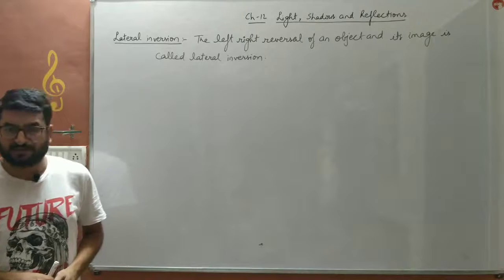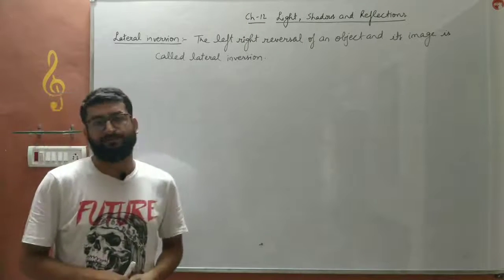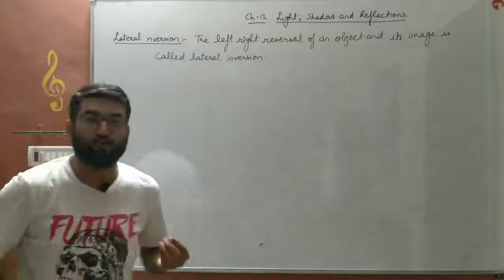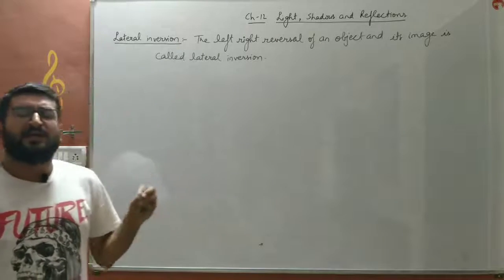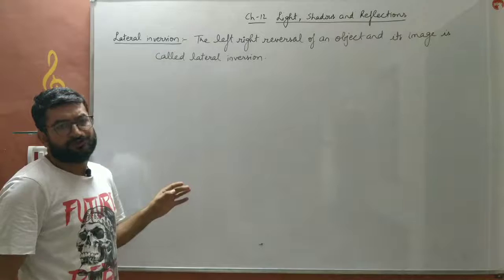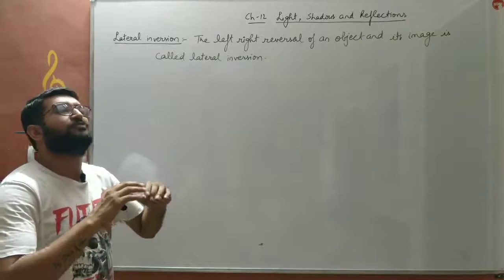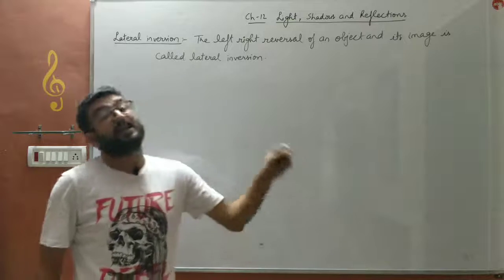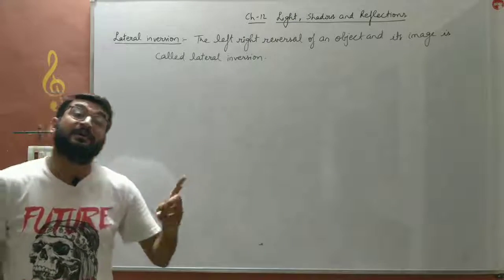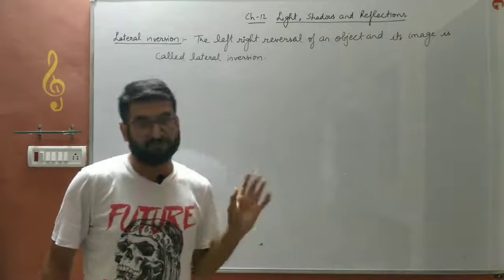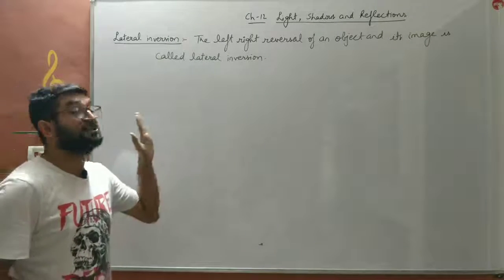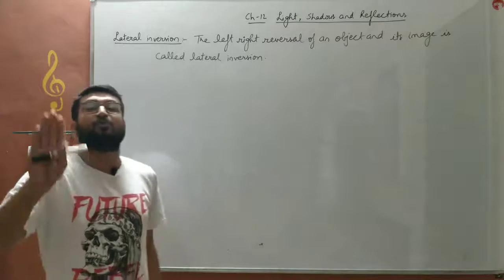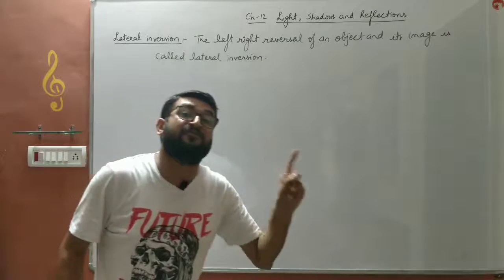Now we will discuss lateral inversion. Lateral means sides, inversion means उल्टा हो जाना, to invert them. It is the phenomenon in which the left side of an object becomes right in its image, and the right of an object will become left in its mirror image. क्या होता है बच्चे, जो लेफ्ट चीज है, लेफ्ट हैंड है, लेफ्ट पोर्शन है, वो राइट दिखता है, और जो राइट पोर्शन है वो क्या दिखता है, लेफ्ट.